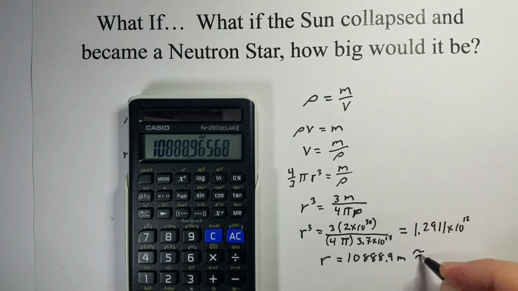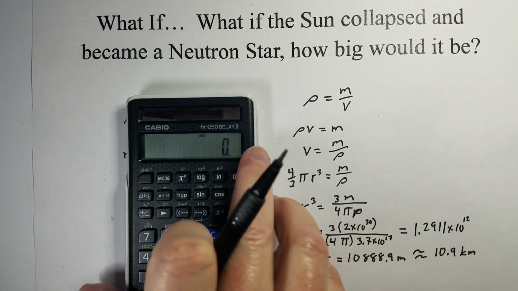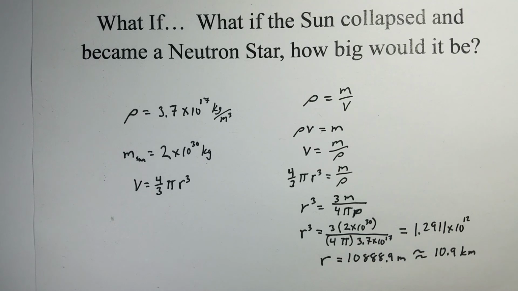In other words, that's going to be about 10.9 kilometers. So the radius will be 10.9 kilometers for our sun if it was to be able to scrunch down and become a neutron star.